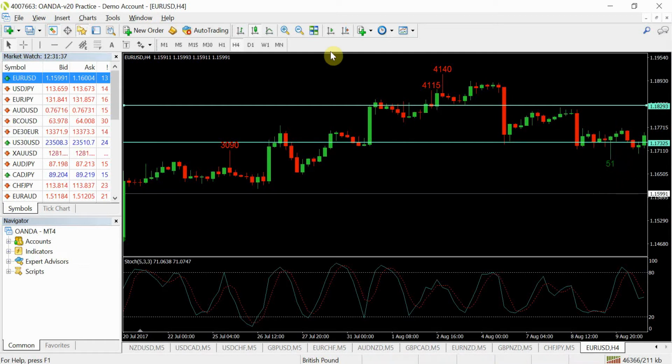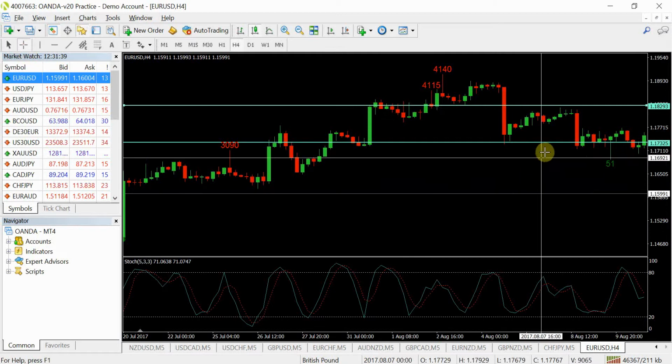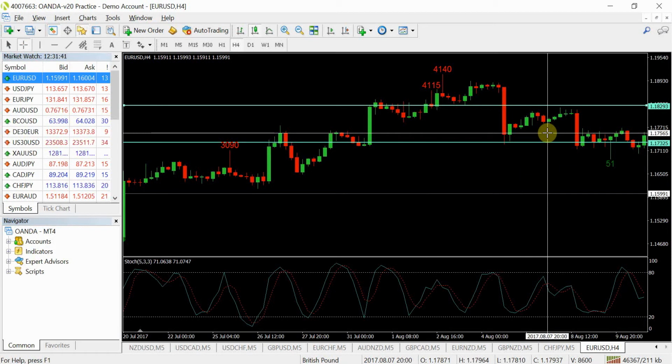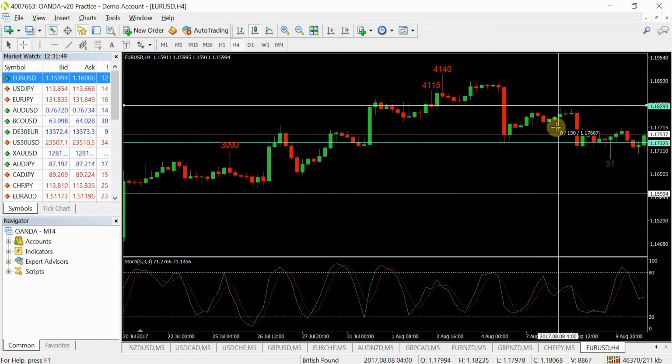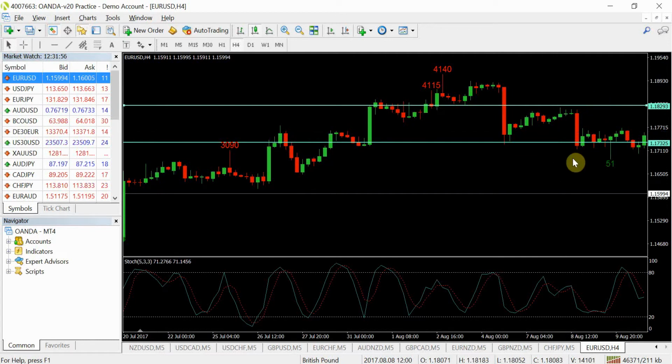Now, the general rule of the pin bar is that you put a buy stop in this case and the stop below the pin bar, and then you trade it up to either your risk to reward or the next level, which would be our resistance area here.